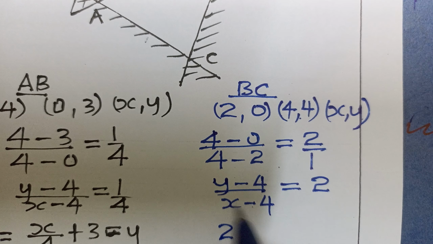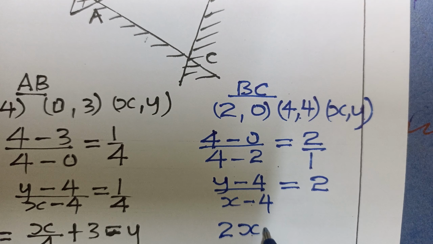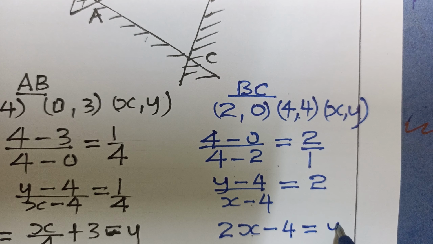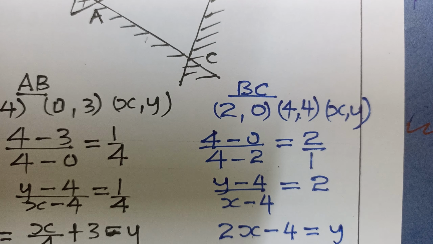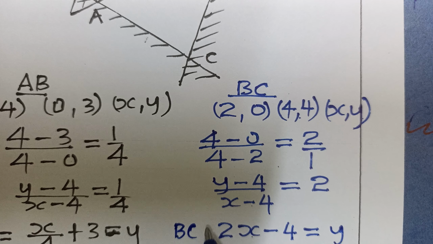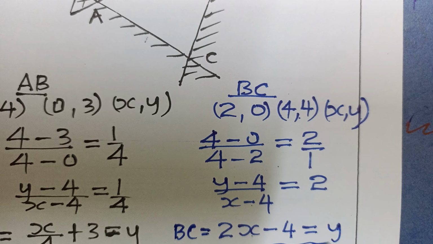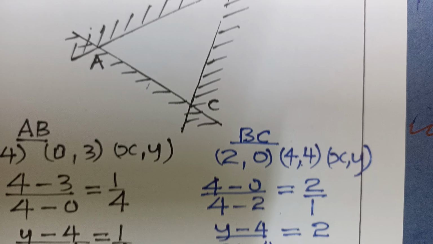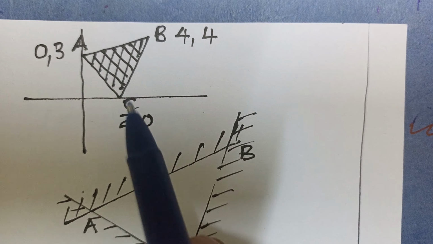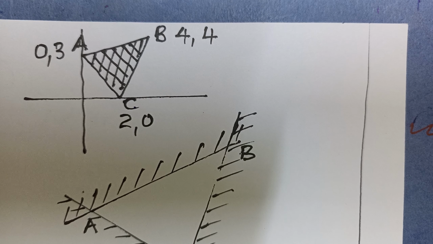You can try that and see whether you get 2x minus 4 equals y. So guys, this is now BC, so BC equals that. And so guys, we have the second equation. Guys, now we come to AC, and let's see the equation of that line.